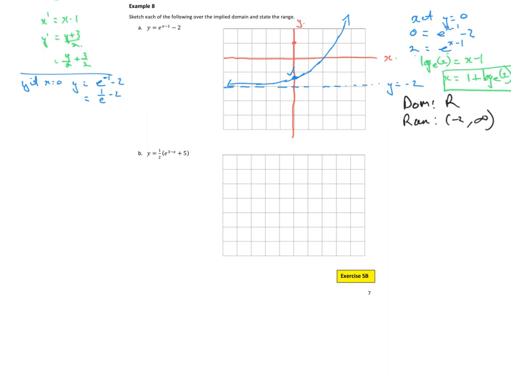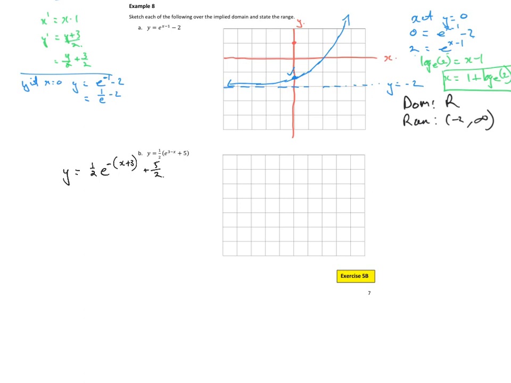Well, there's a little bit in this one, isn't there? So I'm going to expand that bracket through. Y is equal to a half e, I'm going to take that negative sign out the front and make that a positive x minus 3, I think. No, plus 3 plus 5 on 2.